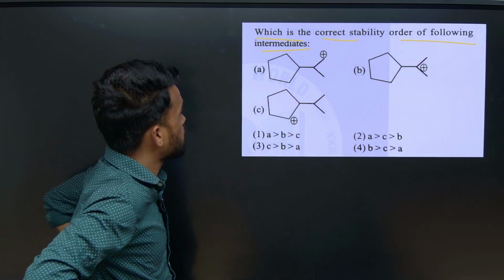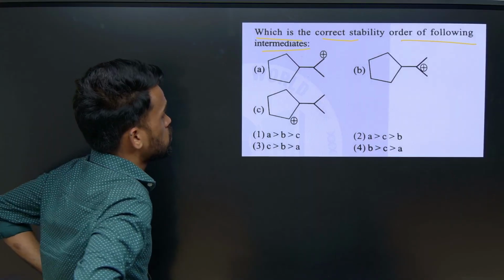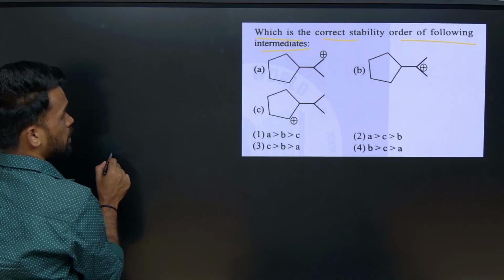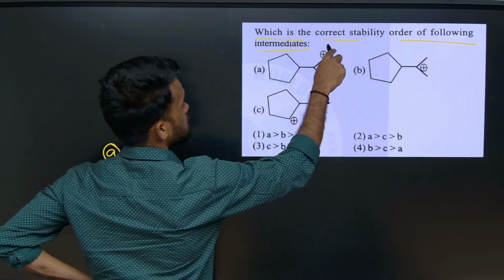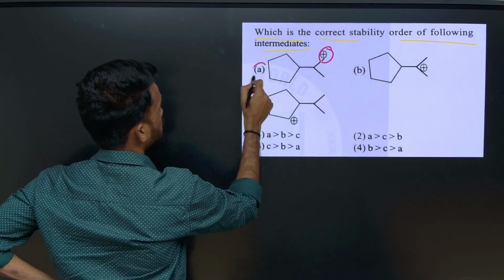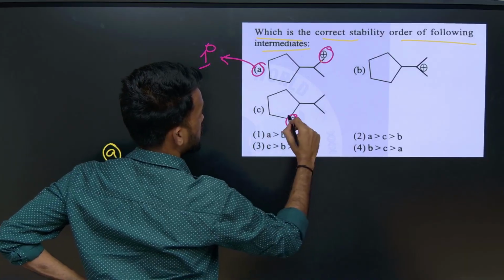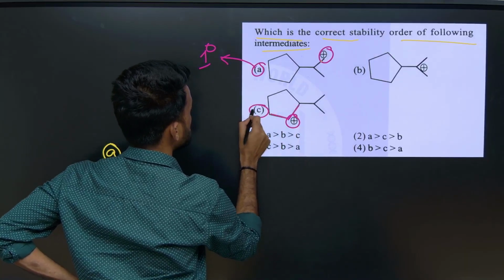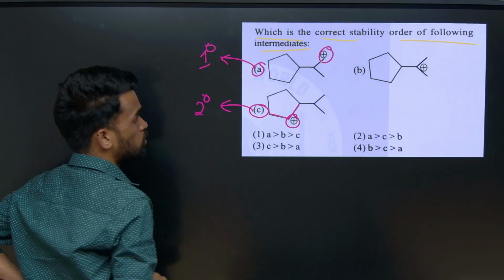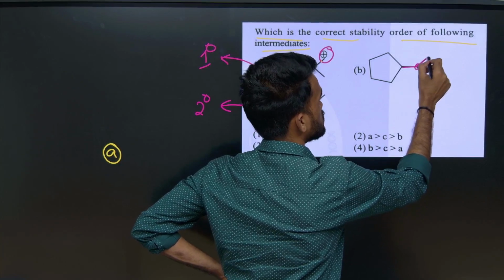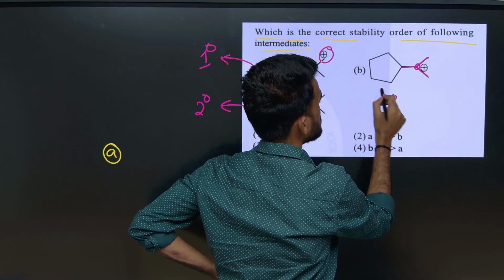Based on the classification, A is connected to only one carbon, so A is primary. B is connected to this one and this one, so B is secondary. And what about the third one?